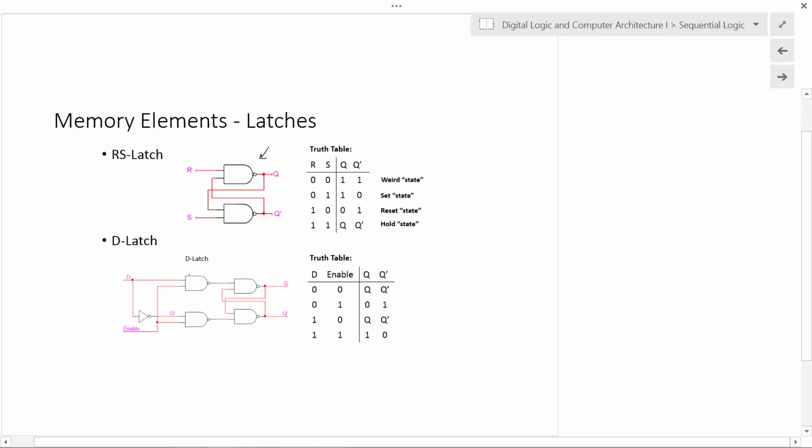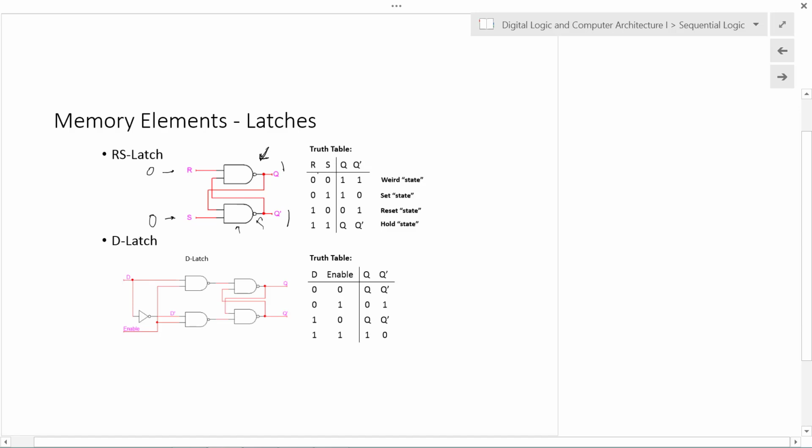So in our SR latch, we can see what happens when we have an input of 0 here and an input of 0 here. 0 ANDed with anything is 0, but inverted, here we're going to get a 1. 0 ANDed with anything is 0, but inverted, we get a 1 again.